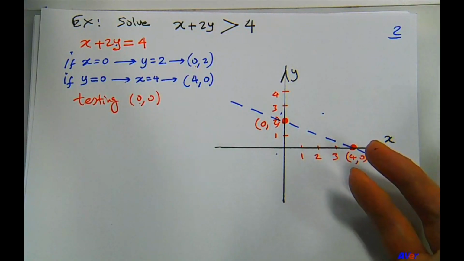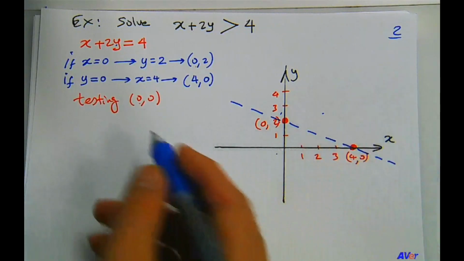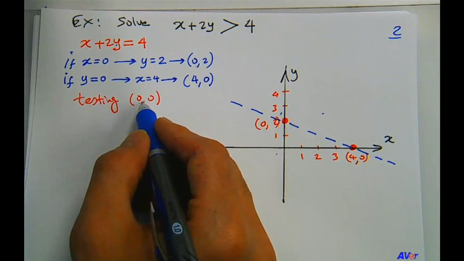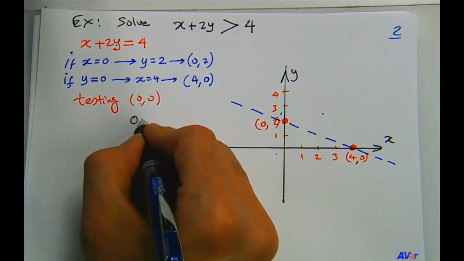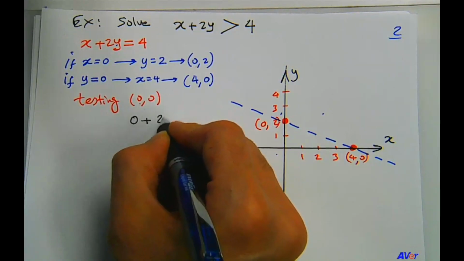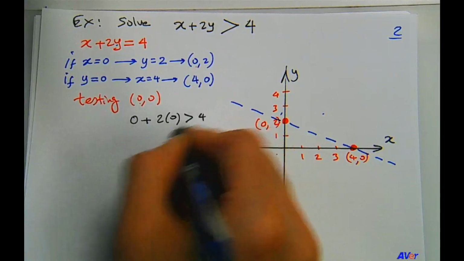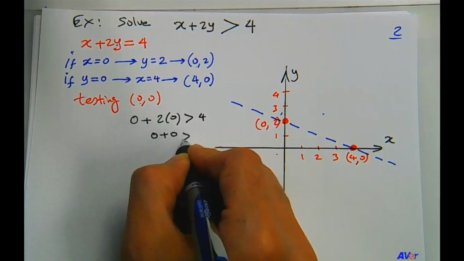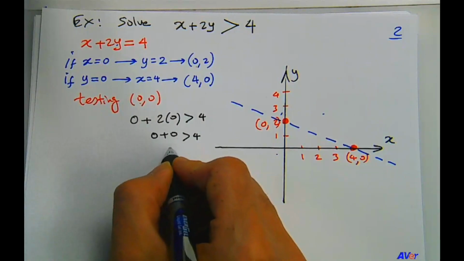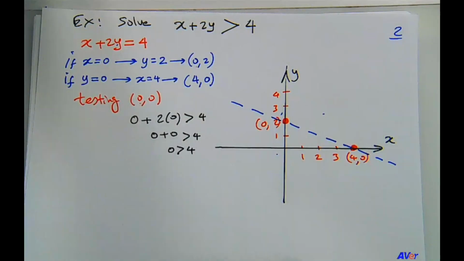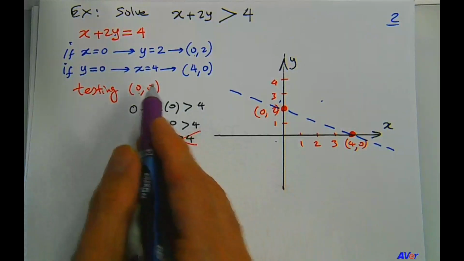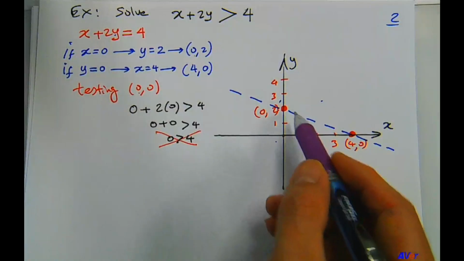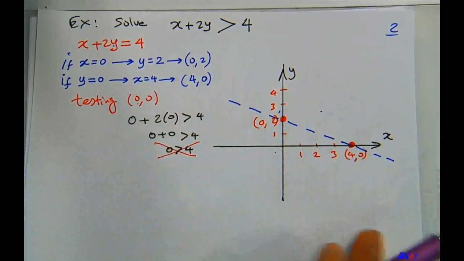So let's find out which one is which. I'm going to substitute (0, 0) in there. We have 0 plus 2 times 0 greater than 4, so 0 plus 0 greater than 4. Check this out. This is saying 0 greater than 4. Is this correct? Definitely not. So we picked the test point on this side, and it didn't check out in the original inequality.